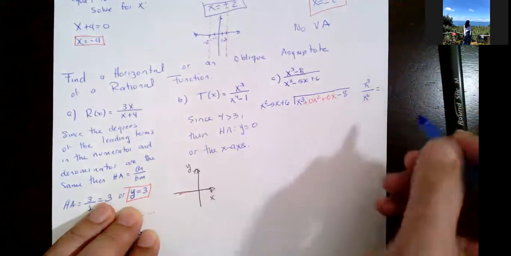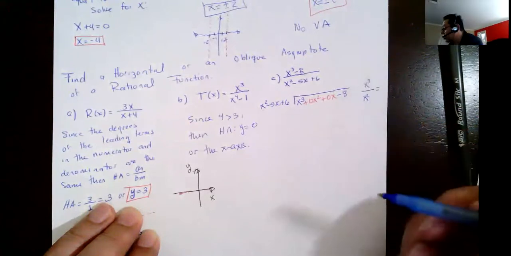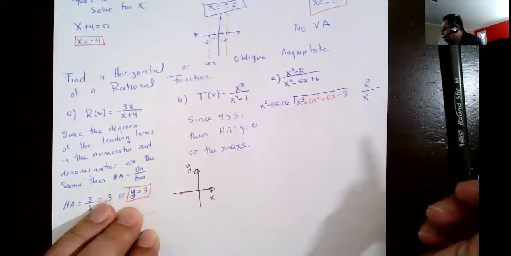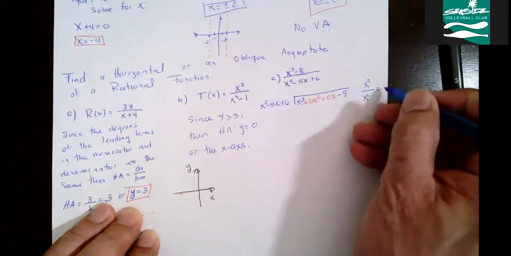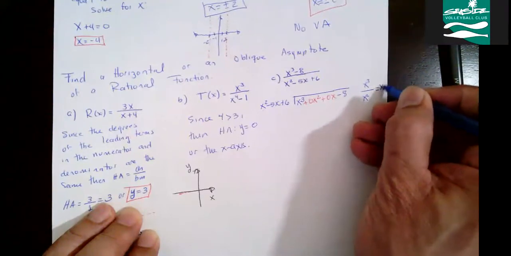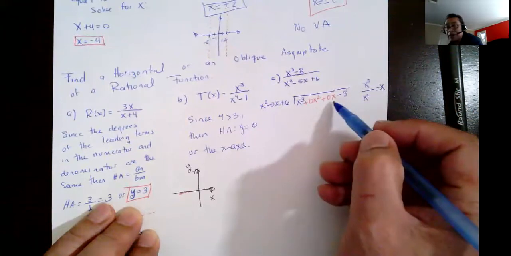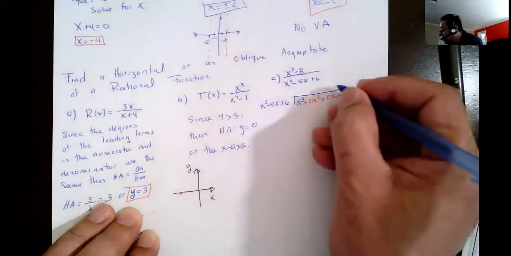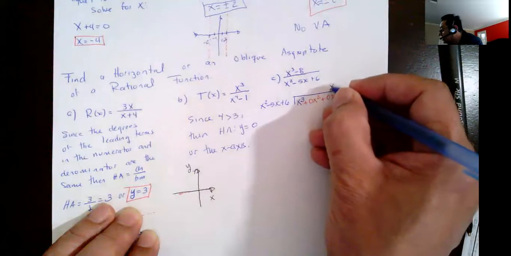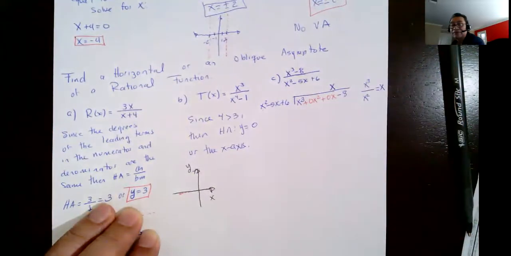And the question is, what is x cubed divided by x squared? X, right? Thank you. Now that we have this x, we're gonna place this x on top of 0x right there. All right? And then we're gonna start multiplying now.